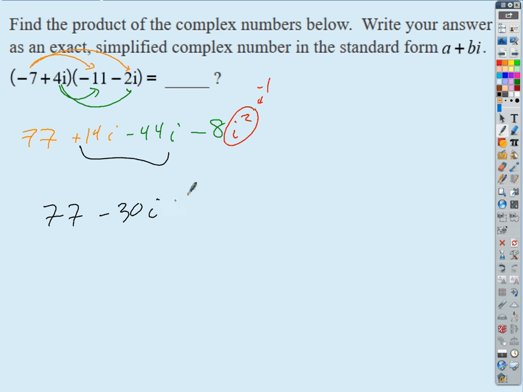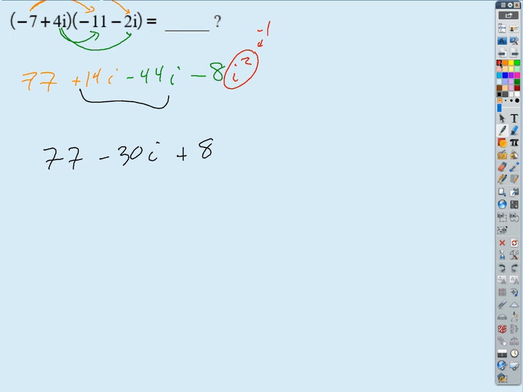Minus 30i. And then what's this become? Plus 8. Combine like terms, and we got it. So there's like terms. So I'm getting 85. And then minus 30i, and I'm done.